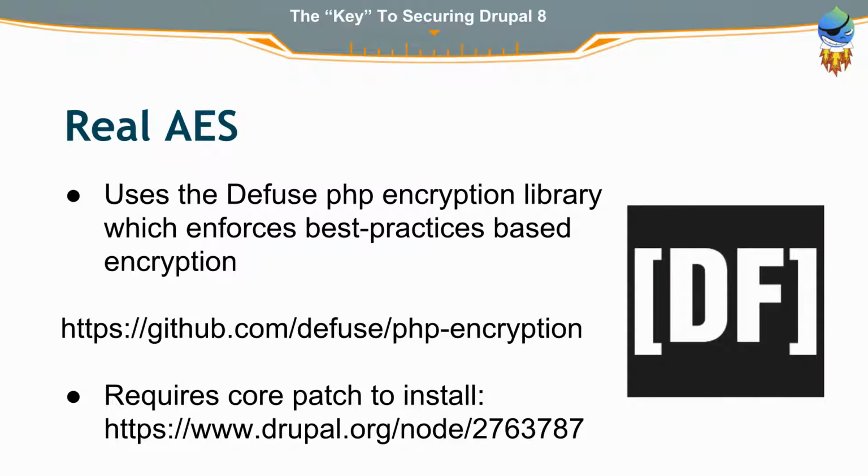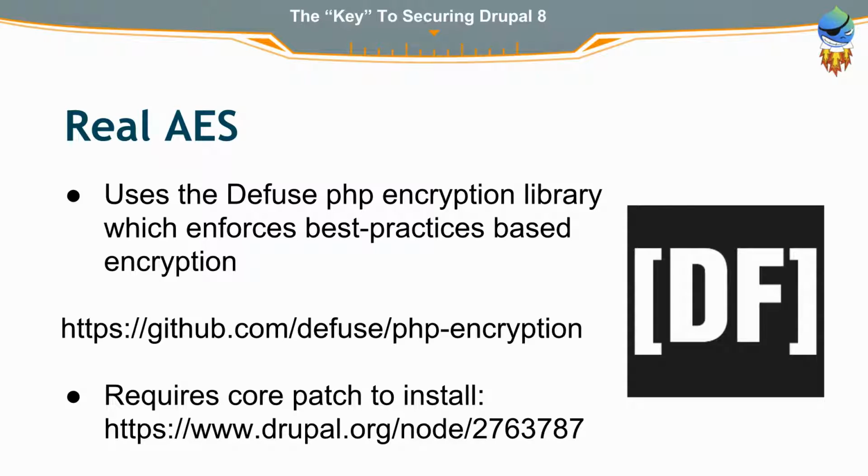So I mentioned that encrypt does not come with an encryption method. The one that we're recommending right now is called Real AES, and it provides AES encryption, which is the standard and has been for 15 years. So it's high quality encryption, and it uses an external library called the Defuse PHP encryption library that is very well written, and like I say, we'd rather use something that somebody who knows what they're doing has written.